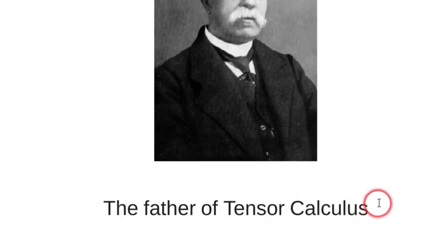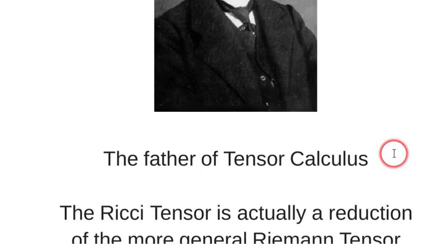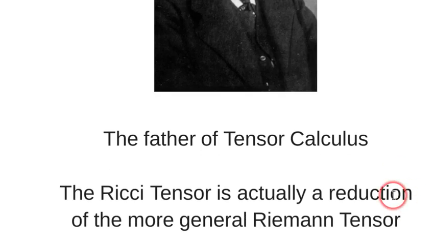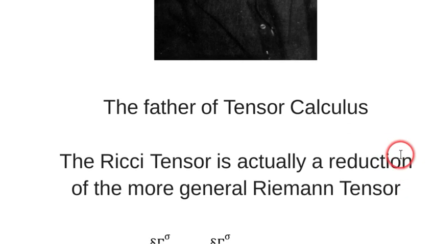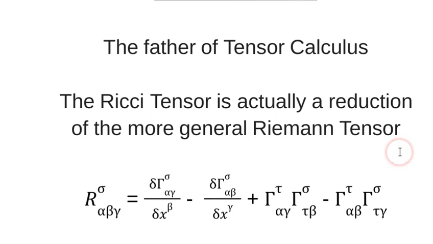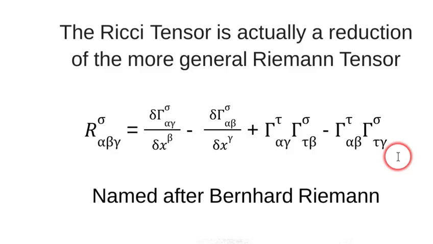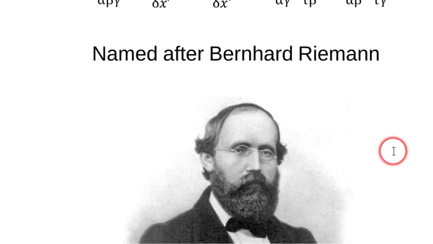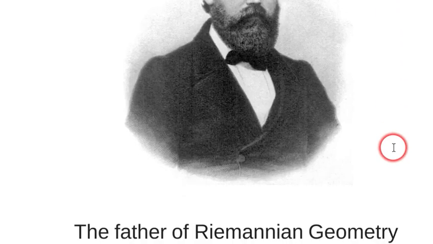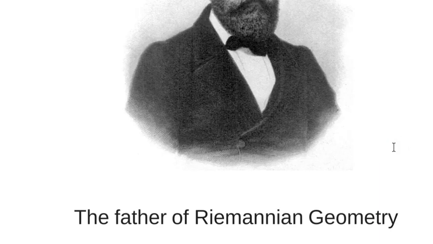So that's the point. And the Ricci tensor is actually a reduction of the more general Riemann tensor, which is this frightening looking thing. And you guessed it, it was named after Bernhard Riemann, another handsome lad, the father of Riemannian geometry. I guess that's obvious since his name's Riemann.